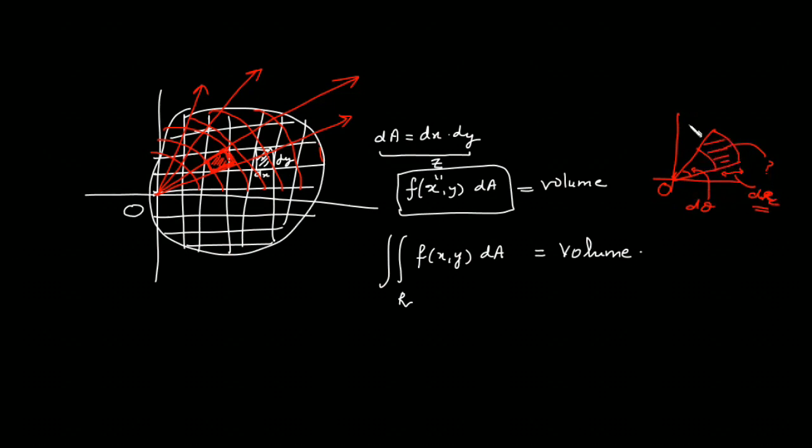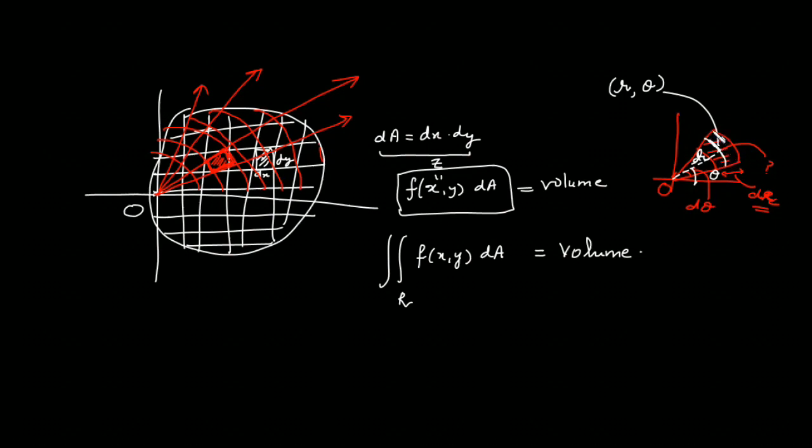For this we suppose that there is a point in the middle of this having the coordinates r and theta. Means this angle is theta and this distance is r. Right? So this distance is r over this line.